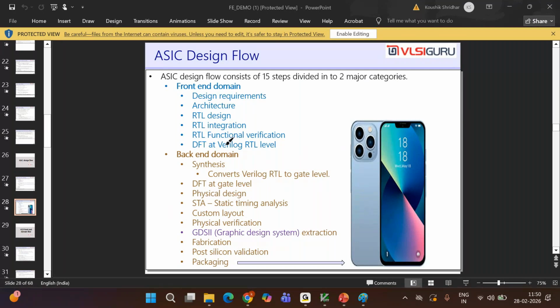To become an RTL design engineer, or an RTL integration engineer, you need to know Verilog, SystemVerilog and digital very thoroughly. You should be very good in digital concepts, SystemVerilog and Verilog.